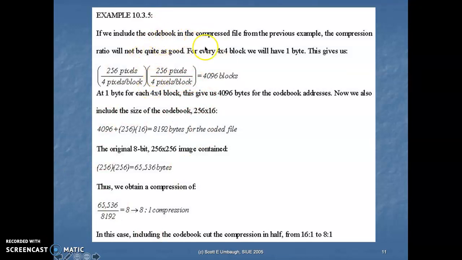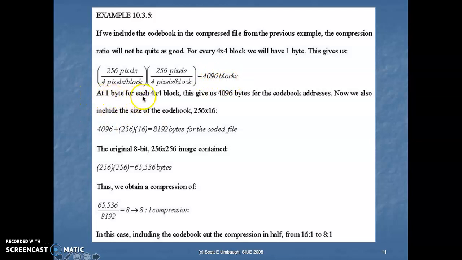So we will compress the file and divide it into 4 times 4 blocks, where each block originally has 1 byte. This gives us 256 pixels for the row, divided by 4 pixels, which contribute to 1 block. The same goes for the column, so you get a total of 4,096 blocks.